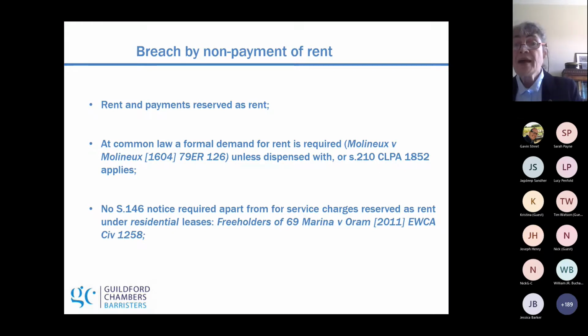That decision was the right result on one level, in that defaulting tenants were able to be held liable for the costs of preparation of a Section 146 notice, but unfortunately it was not justifiable in law. However, as a Court of Appeal authority, it remains binding, and so in this situation, a Section 146 notice must be served.